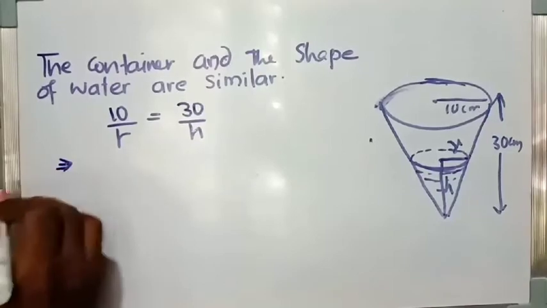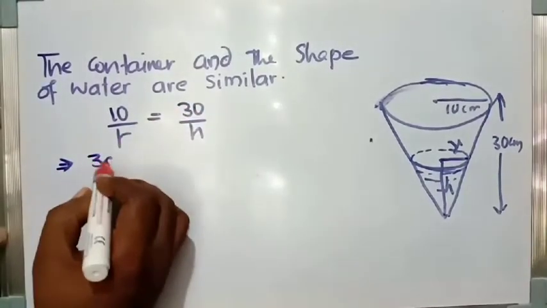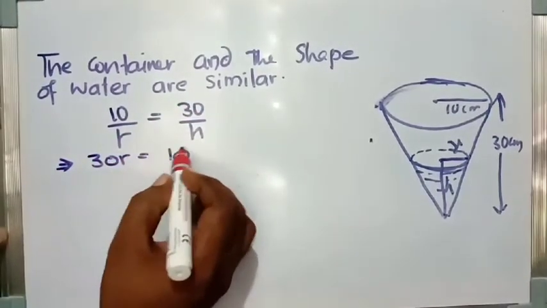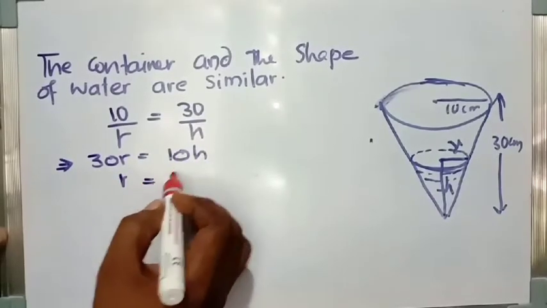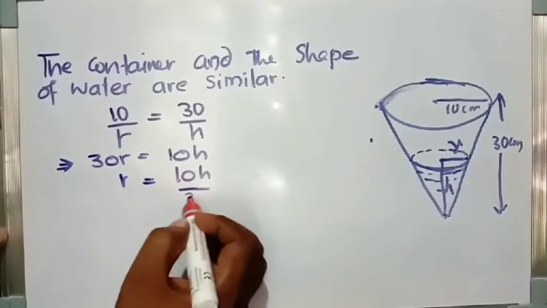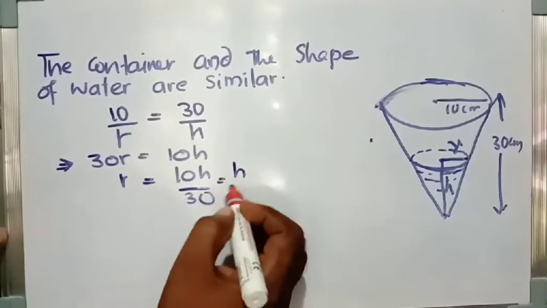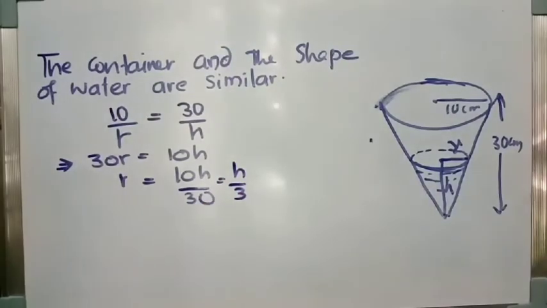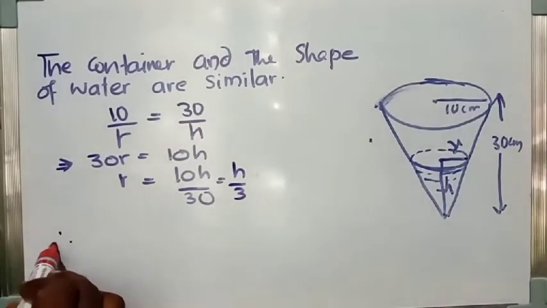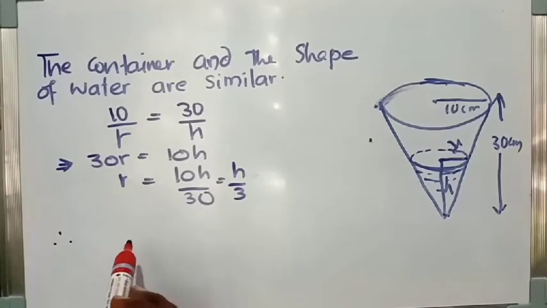It implies 30r is equal to 10h, or r is 10h by 30, which is equal to h by 3. Therefore, what we want is the volume of water.